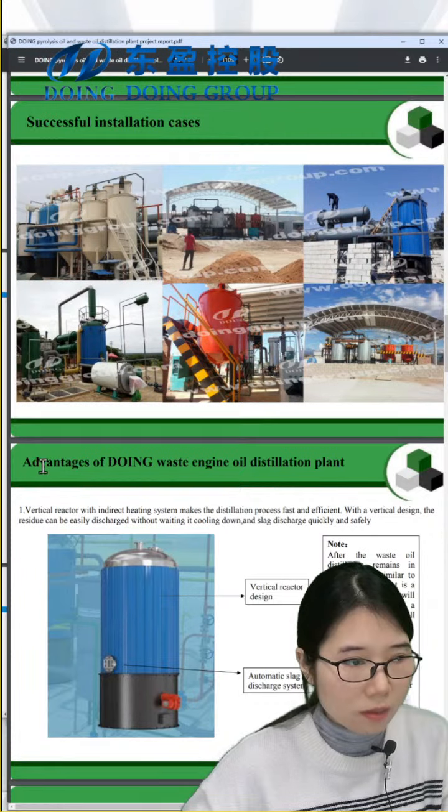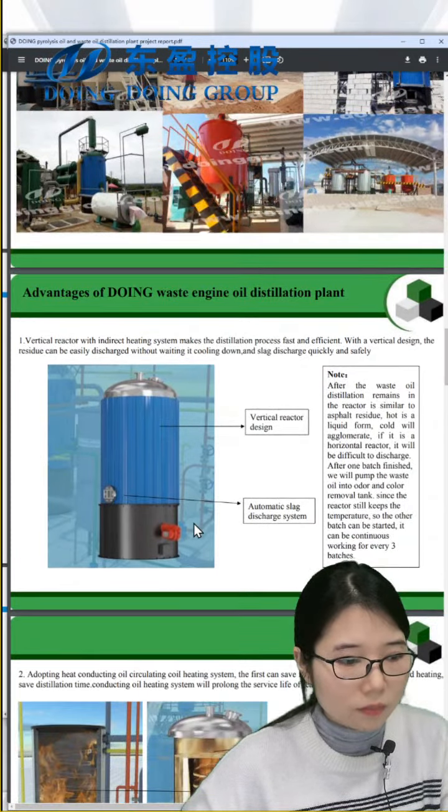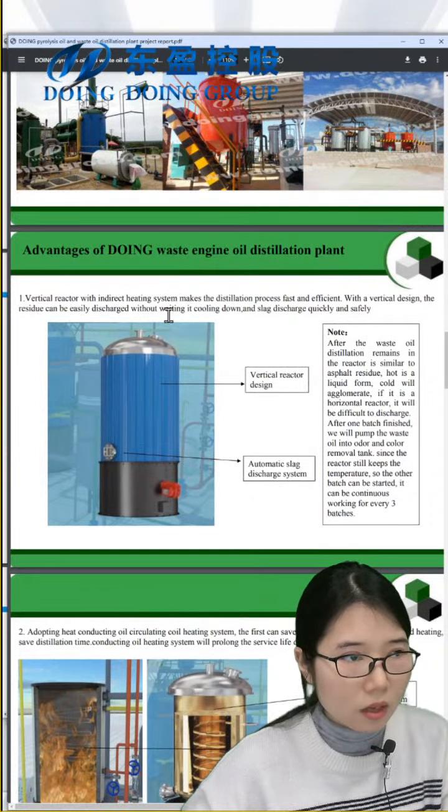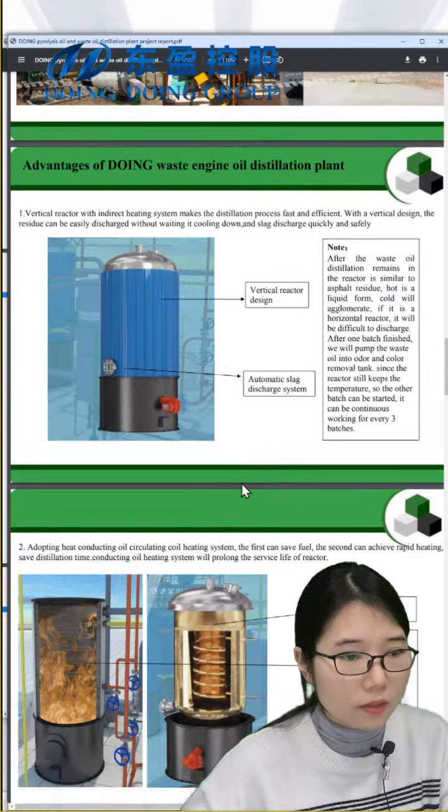There are some advantages of our distillation plant. We adopt a faster heating system, which can save distillation time for the whole plant.